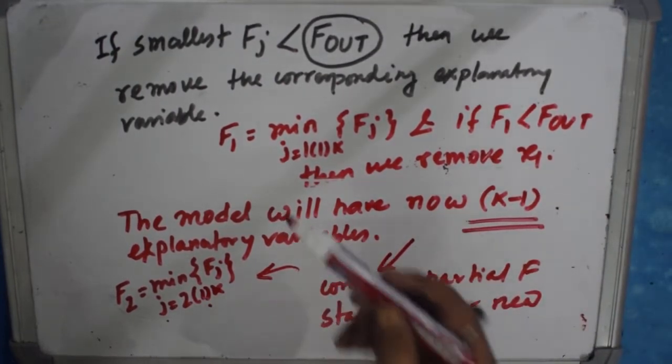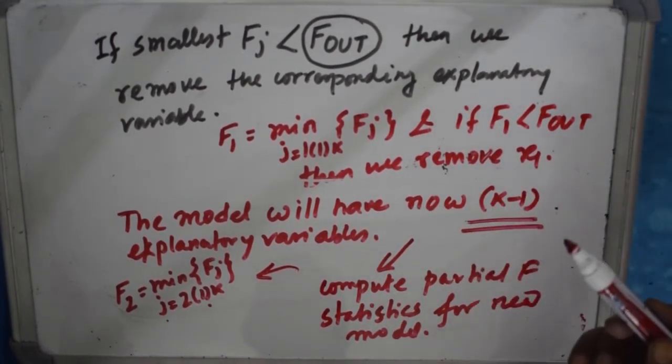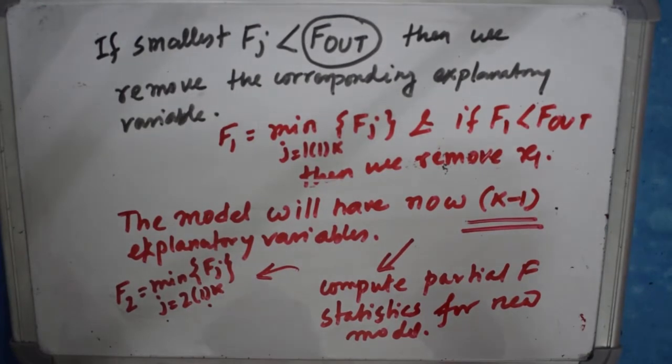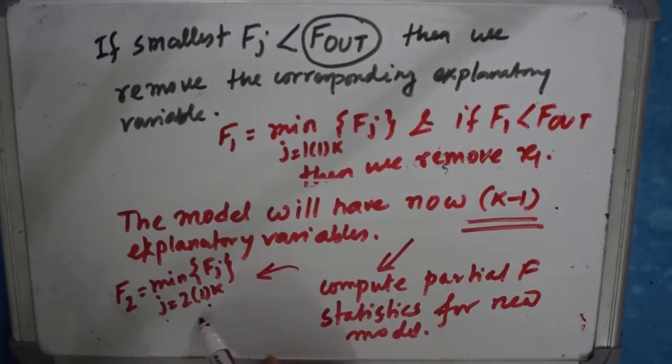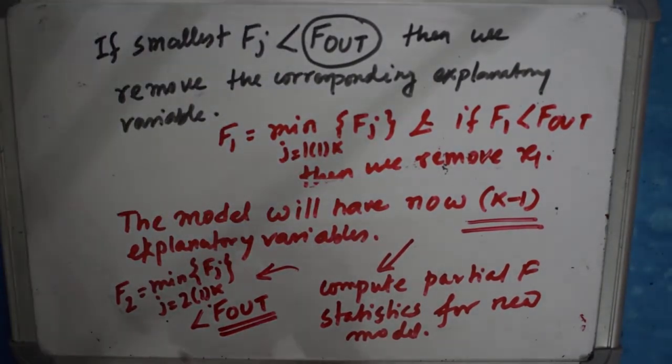That means in that case F1 is minimum and this F1 is less than F out, then we remove x1, and in that case the new model considers only k minus 1 explanatory variables, that is from x2 to xk, and then we compute partial F statistics for the new model, and suppose the minimum partial F statistic corresponds to x2, and if this F2 is less than F out, this is a pre-specified value, then we remove x2 and stop the process.